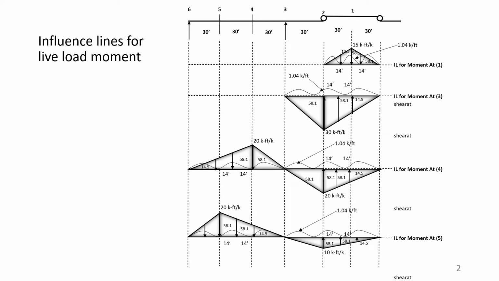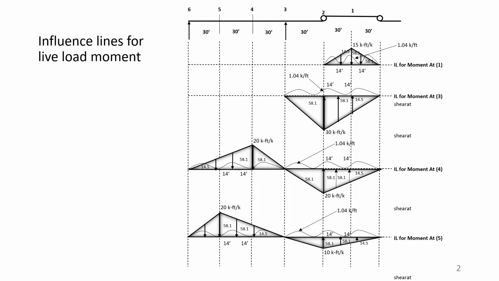That's why the figure is at the bottom, at the lower side of this reference line. If we put the load just at point 3, there will be no moment. That's why the ordinate at that point will be 0.